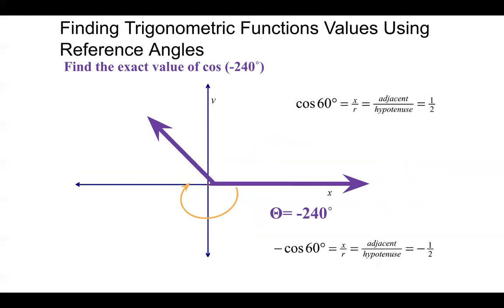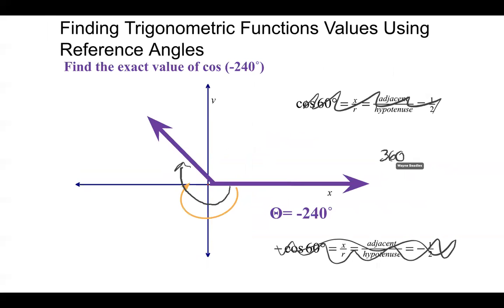So this one's negative 240. We want to know the exact value of negative 240. So you know that triangle goes this way because it's minus degrees. So it's going to be into the second quadrant. Let's go 240 plus 180.